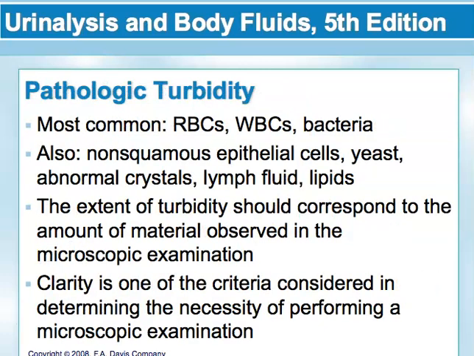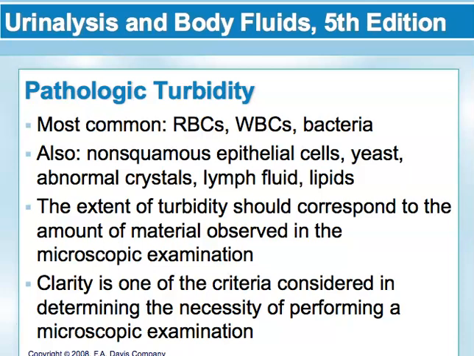With pathologic turbidity, the most common causes are going to be red cells, white cells, and bacteria. Other causes are large amounts of non-squamous epithelial cells, yeast, abnormal crystals, lymph fluid, and lipids. And the amount of turbidity seen in the sample should correlate with the amount of material that you see during the microscopic exam.